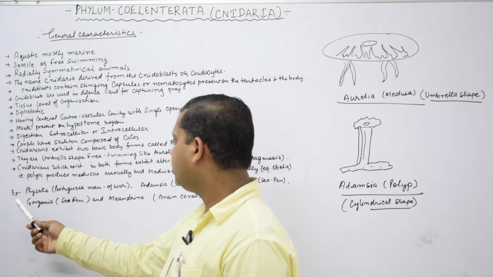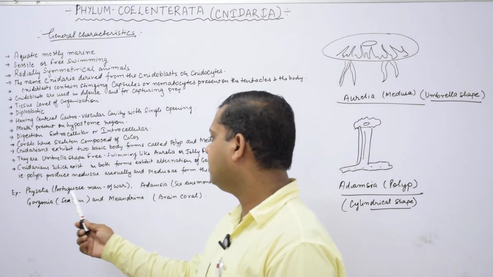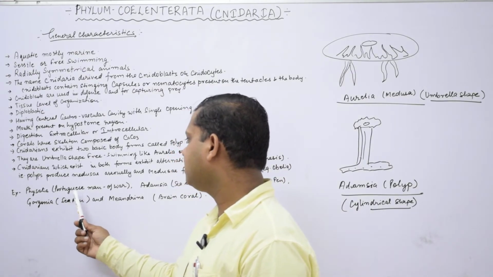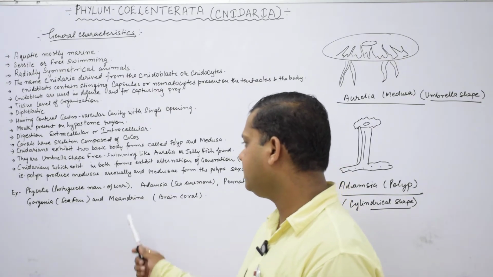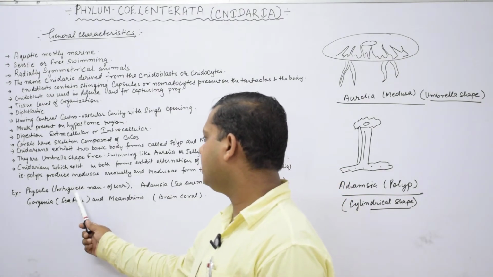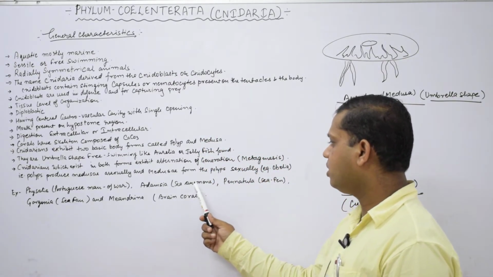Now, more examples of these animals and their common names. Physalia is also called Portuguese man of war, an important animal of this phylum. The second is Adamsia, or sea anemone.